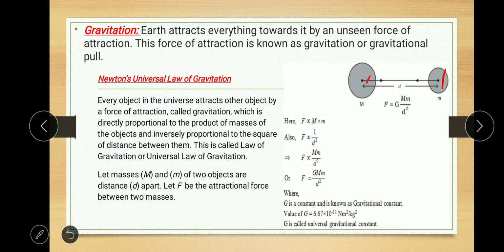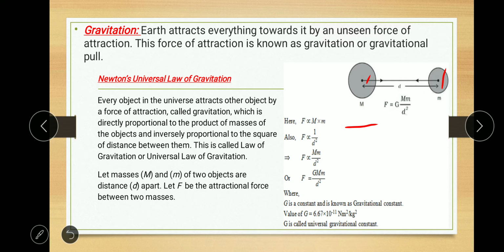As per Newton's law of gravitation, the attraction force between capital M and small m is directly proportional to the multiplication of their masses. That means F varies as capital M into small m, and F is inversely proportional to d square, F varies as 1 by d square.